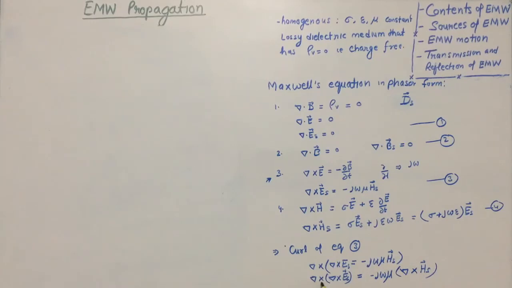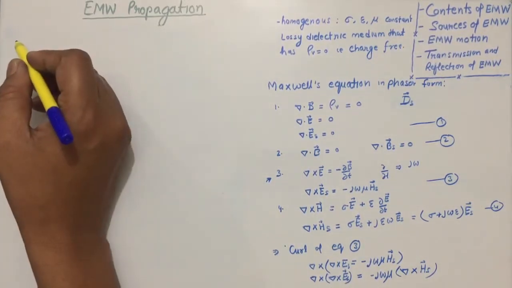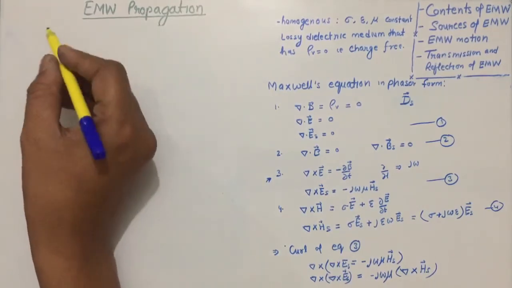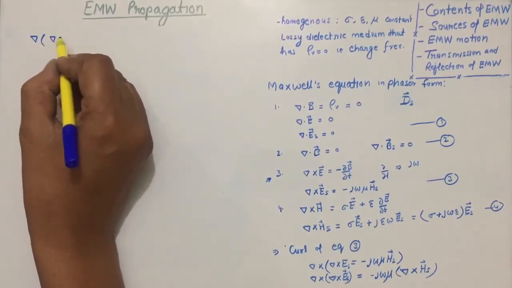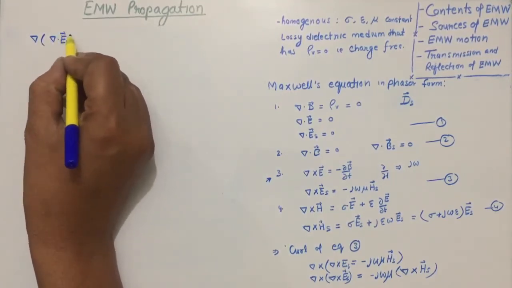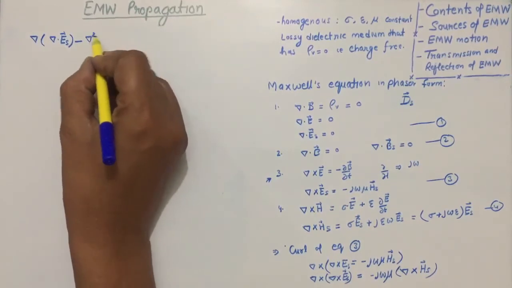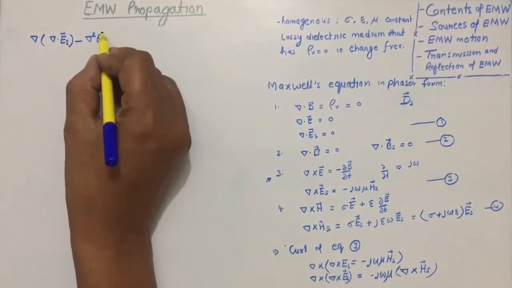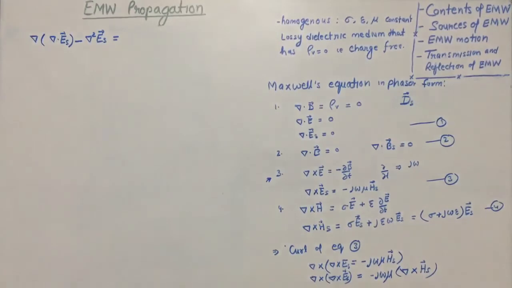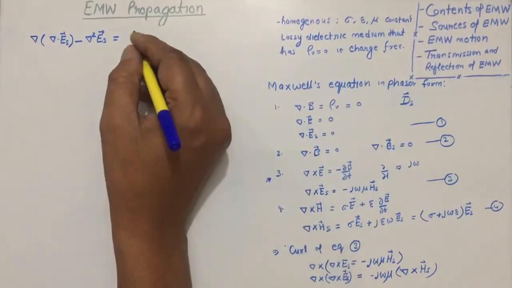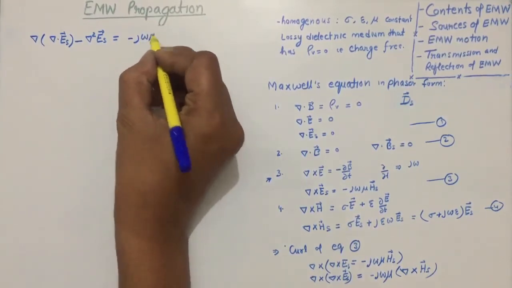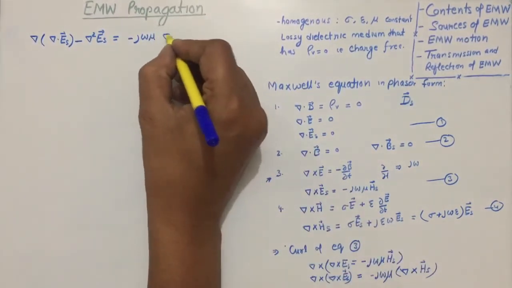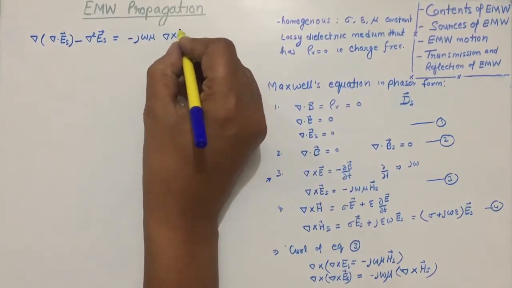This is curl of E. So apply the property that curl of curl of E can be written as del of del dot E minus del square E. This is the left hand side, and the right hand side can be written as minus j omega mu, curl of del cross Hs.